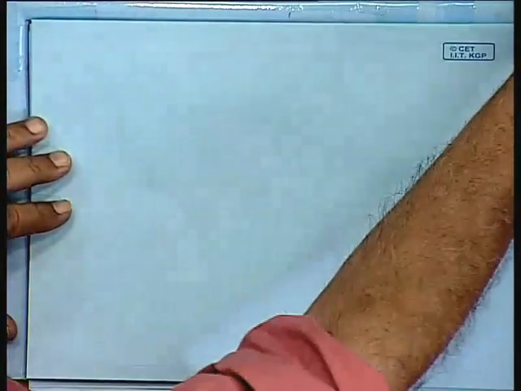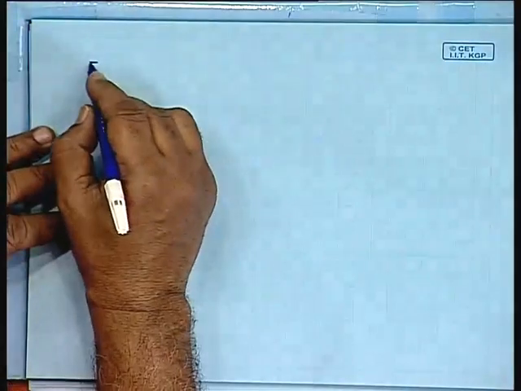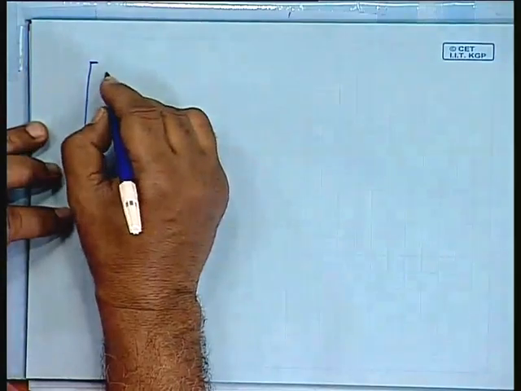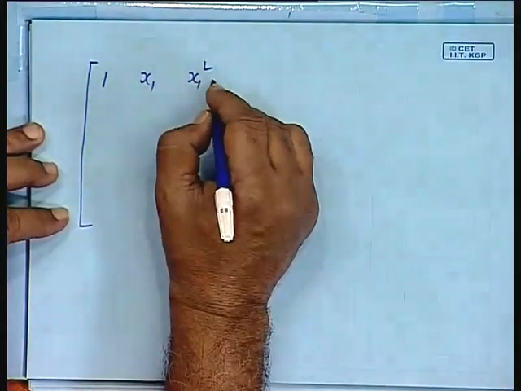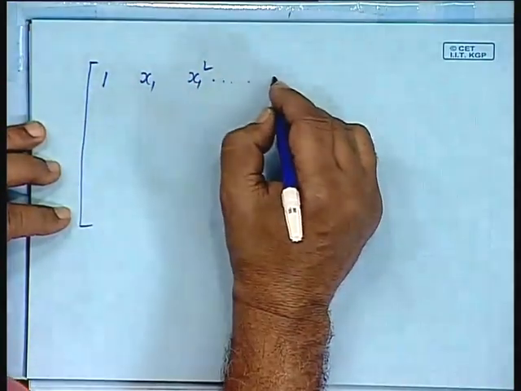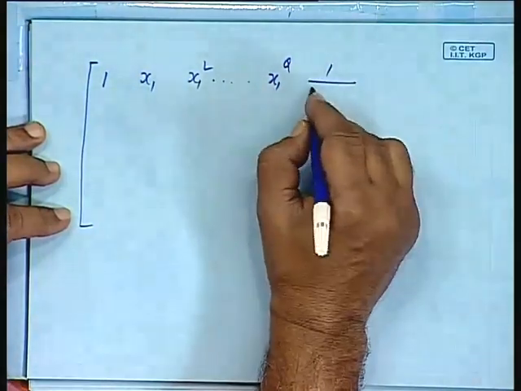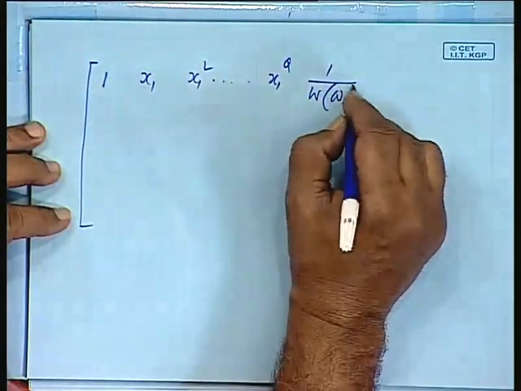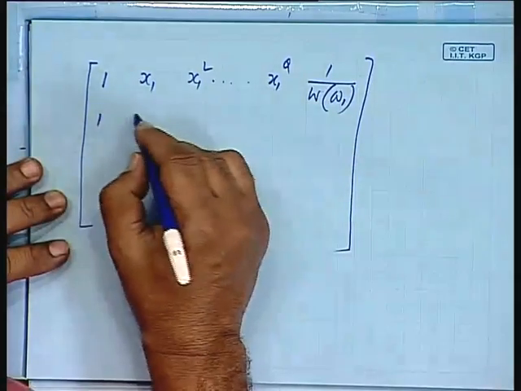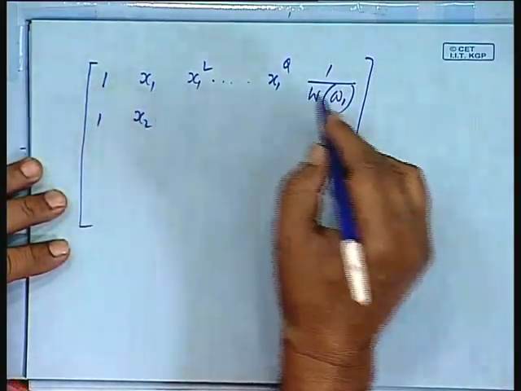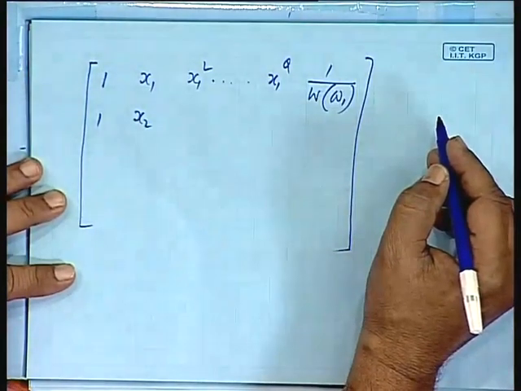If you translate this into the matrix form, the rows are 1, x1, x1 squared, up to x1 to the power q, and 1 by W(omega 1). Then 1, x2, x2 squared and so on, with 1 by W(omega 2). These x1, x2, x3 are the solutions, those frequencies, that is cos omega 1, cos omega 2, cos omega 3 and so on.